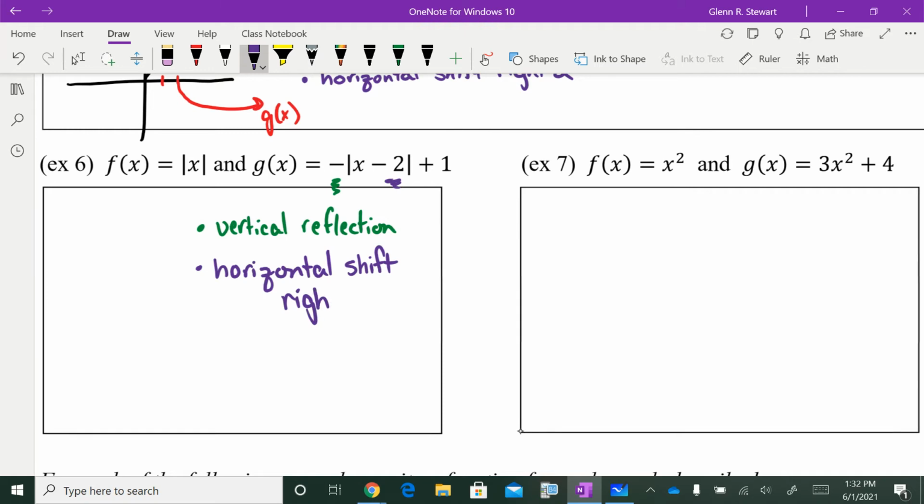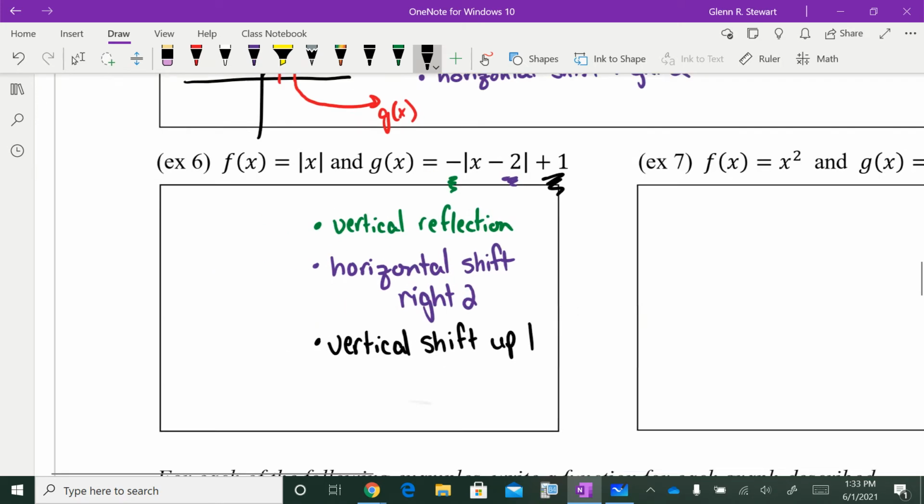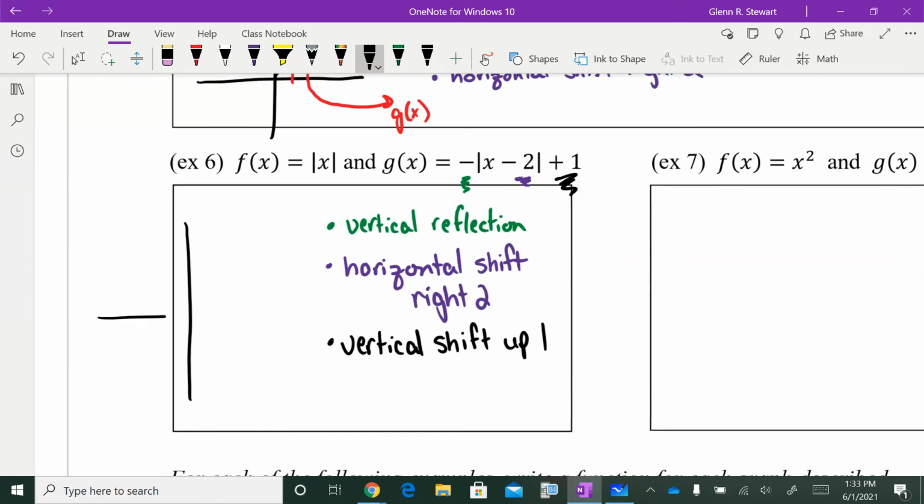Right 2. And then the one on the outside, that is going to be a vertical shift up 1.